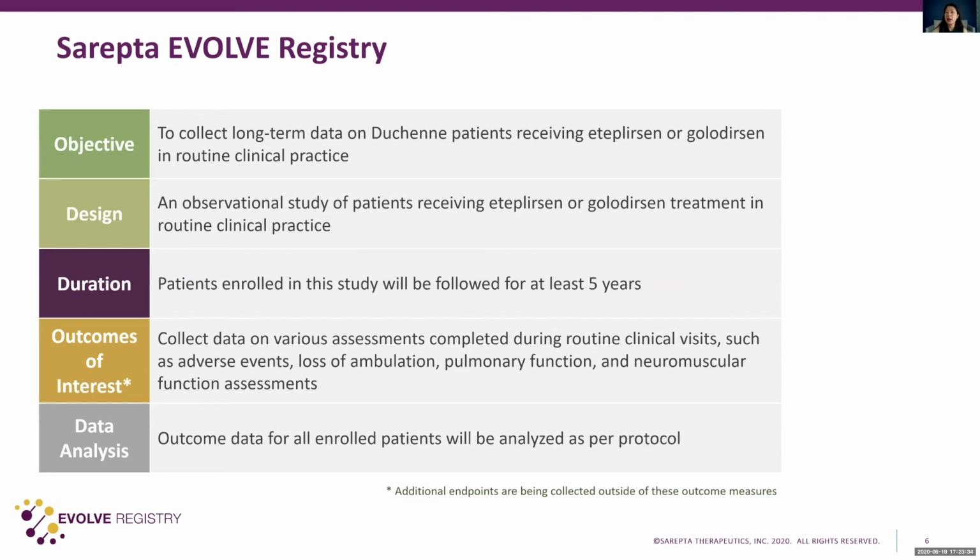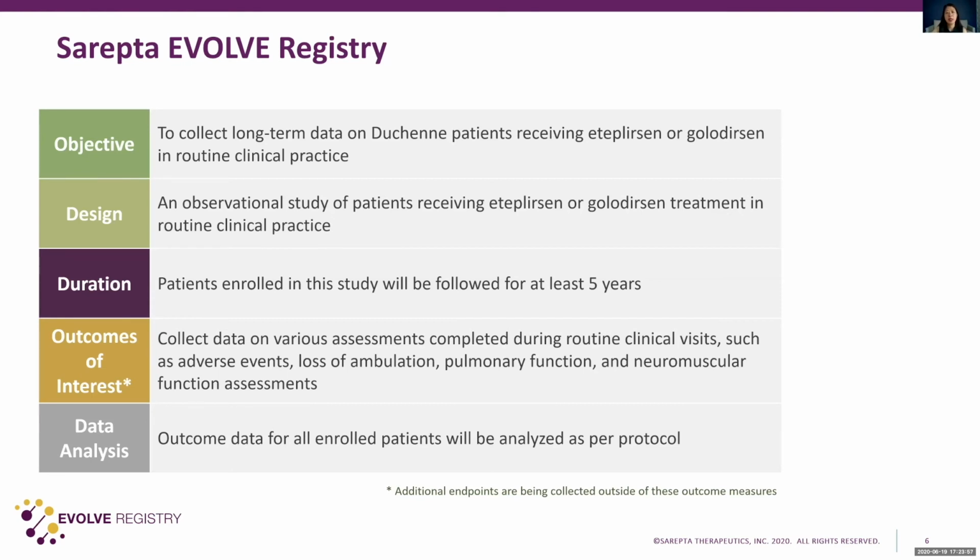The patients that are currently enrolled in the EVOLVE Registry will be followed for at least 5 years, and the study focuses on collecting data that are normally generated during a patient's routine visit with their physicians. These data include diagnosis and mutation type, treatment regimens, management of care, and clinical tests.